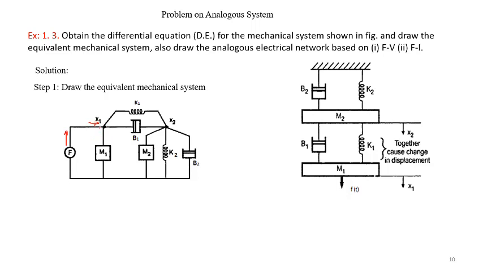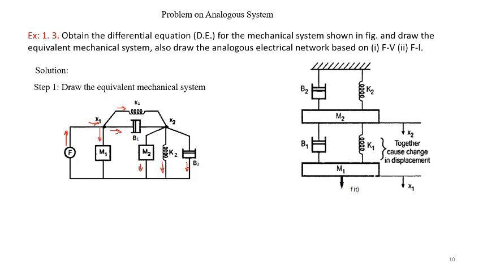From node X1 the energy dissipates through the mass M1, through B1 and through K1, and from X2 it dissipates through M2, K2 and B2.